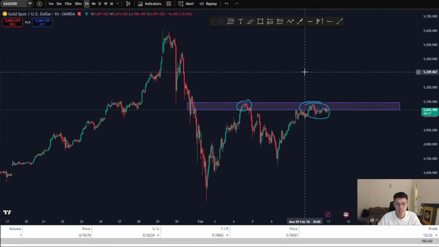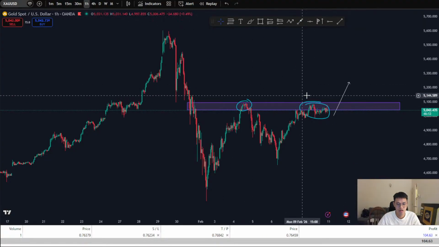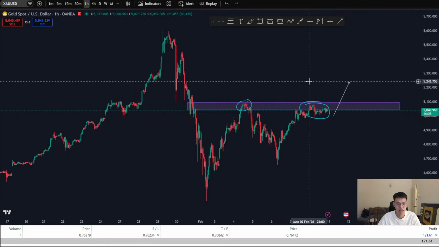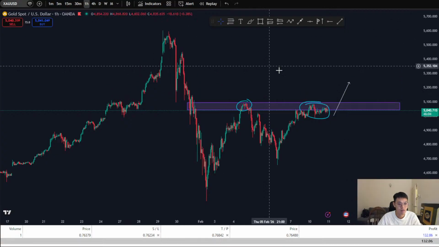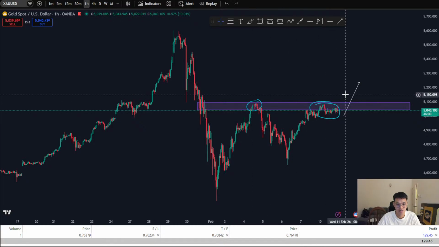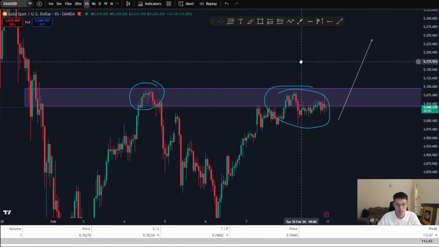So why do I think the price will go up in the next few days or weeks? First, the price starts to test the resistance again.